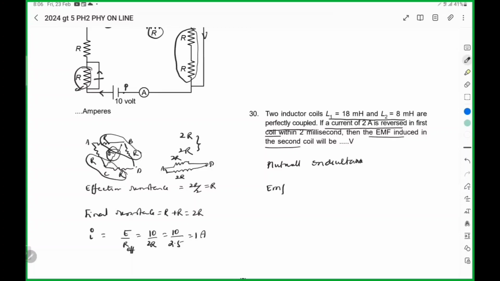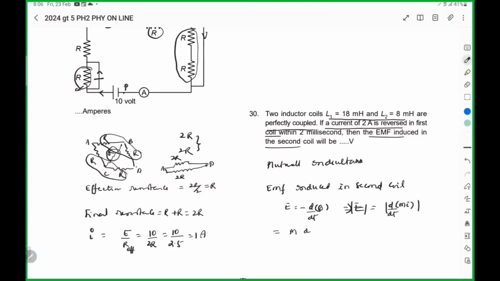So EMF induced in the second coil is minus M di by dt. In fact it is d by dt of flux, which implies the magnitude of EMF is d by dt of Mi.